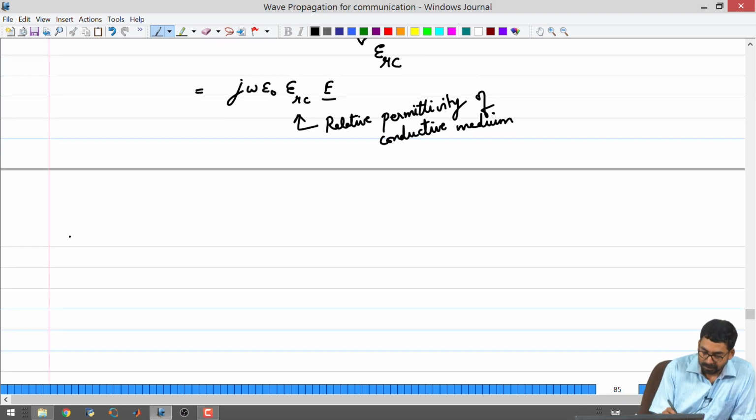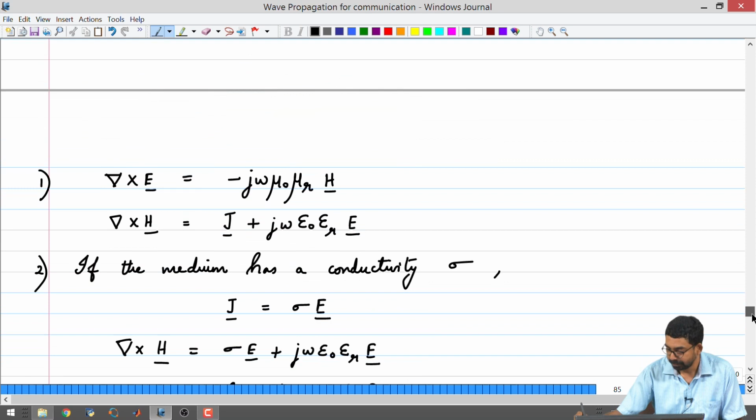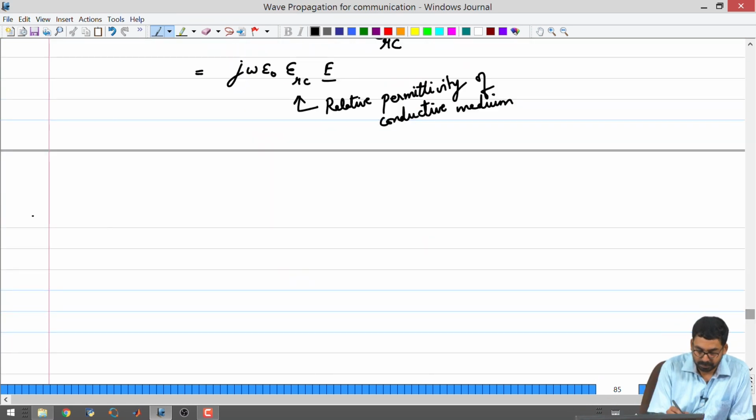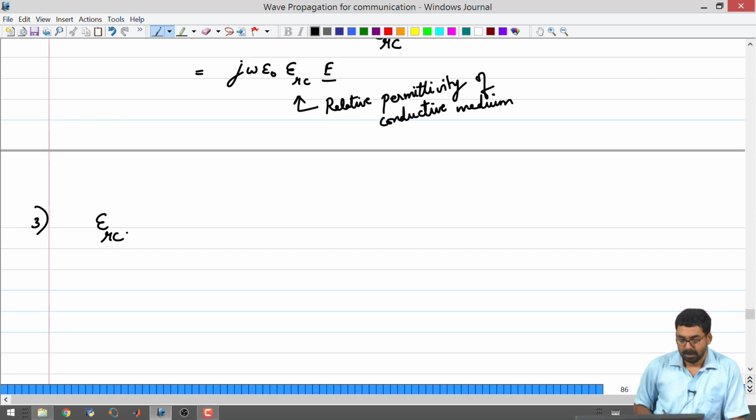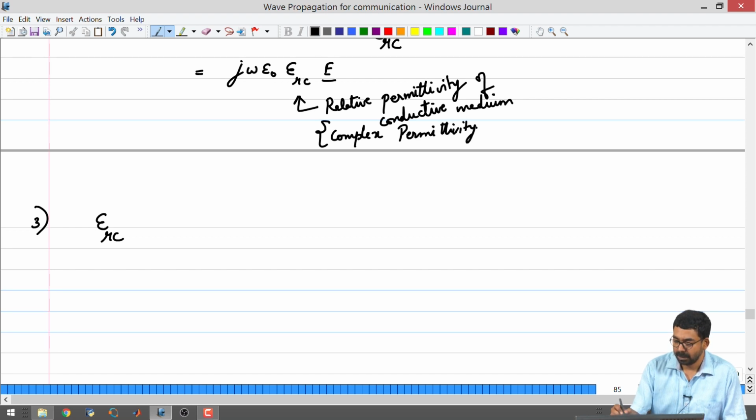Once again, the epsilon r c is also known as complex permittivity in some texts, or complex dielectric constant.